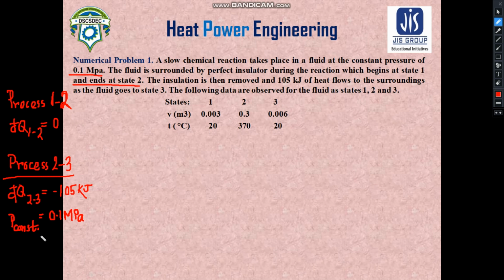Now here you can see the following data are observed for the fluid at states 1, 2 and 3. For state 1, the volume is given as 0.003 meter cube. State point 2 refers to 0.3 meter cube, and for state point 3 it is 0.006 meter cube. The temperatures corresponding to the three states are also mentioned here.